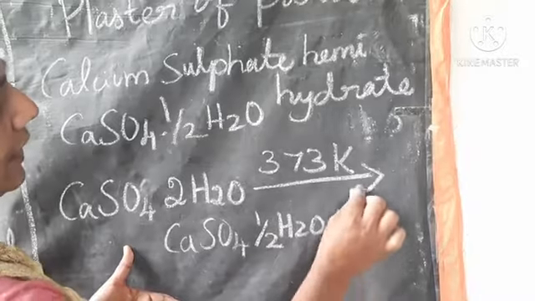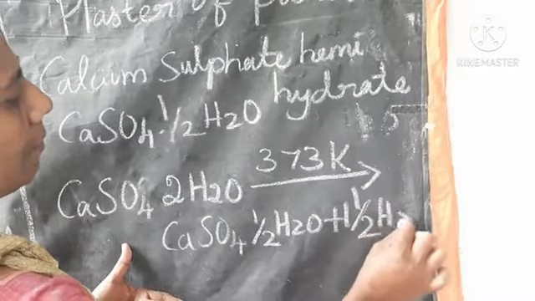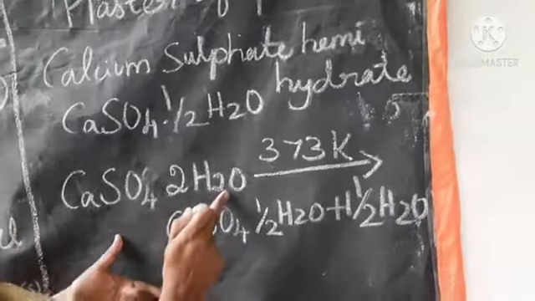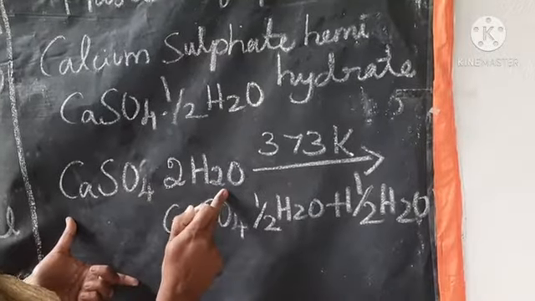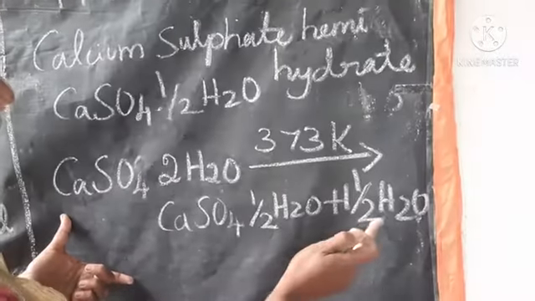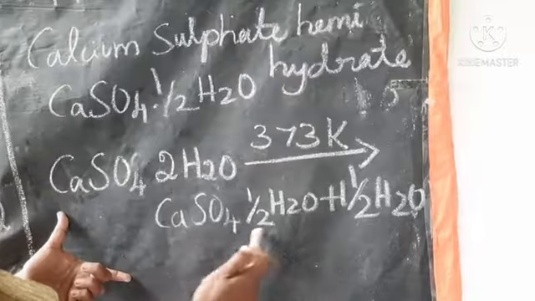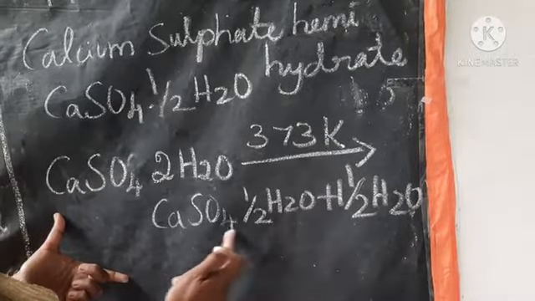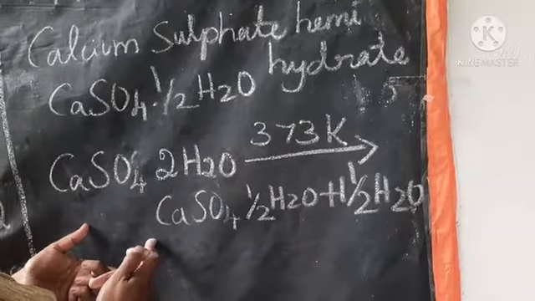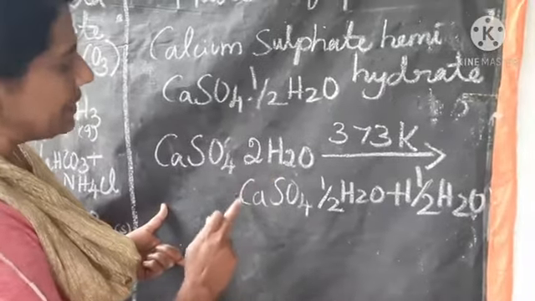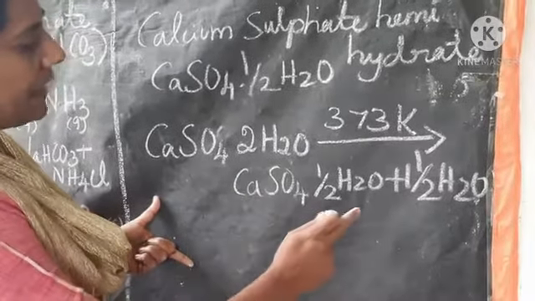Gypsum has 2 water molecules, so it gives out 1.5 water molecules and the remaining half is plaster of Paris. Once again, we can get gypsum from plaster of Paris.